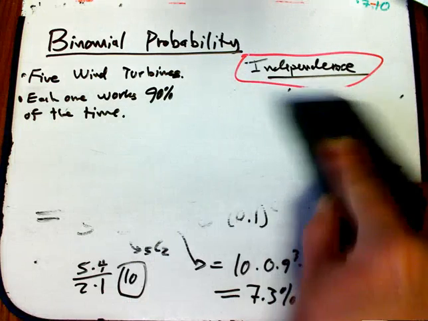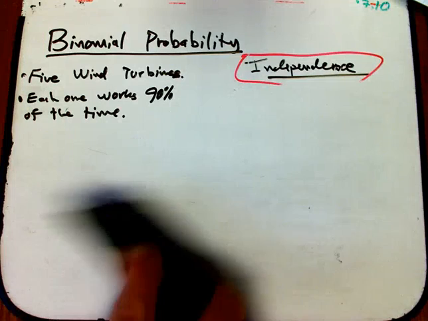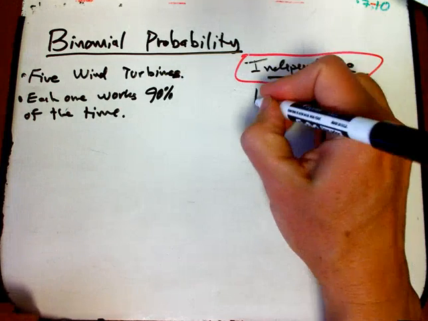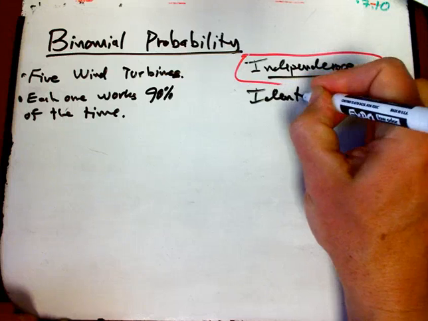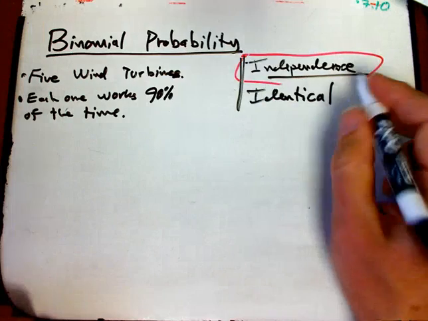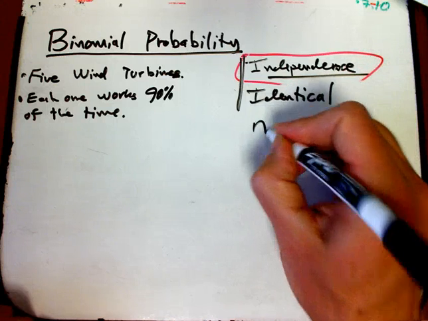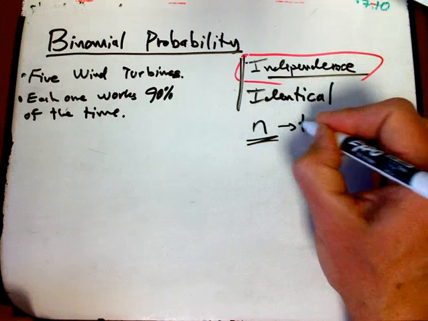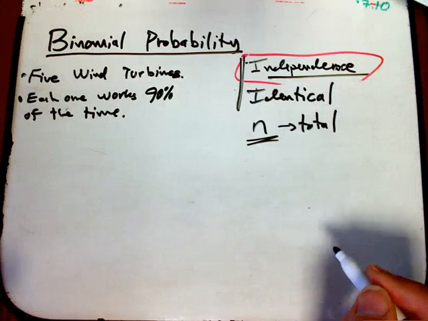So again, I think we're at a point where I can say exactly what situations binomial applies to. We have some known number of independent, identical things, so n total independent identical trials of something.